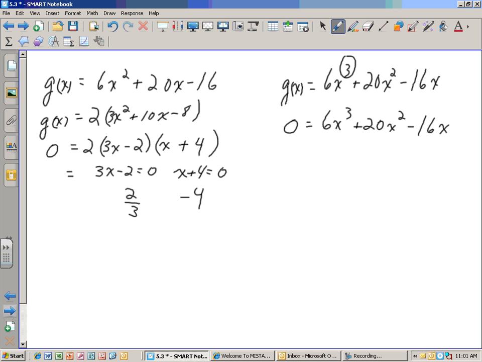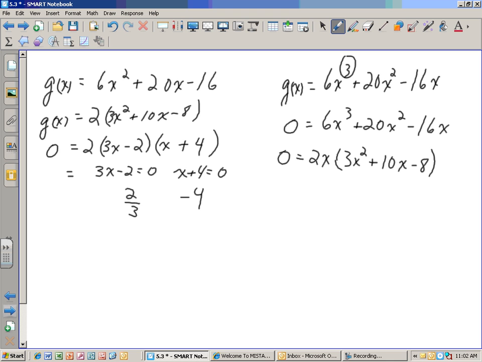I don't think you're going to have anything like this in your homework, at least not for a couple of days yet. But now, instead of factoring out a 2, we're going to factor out 2x. And the result is going to be 3x squared plus 10x minus 8.